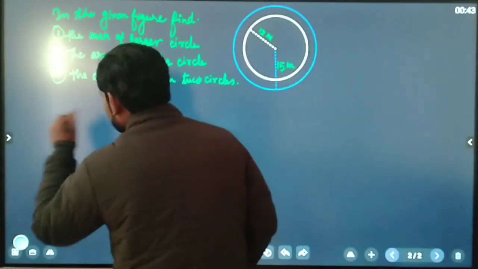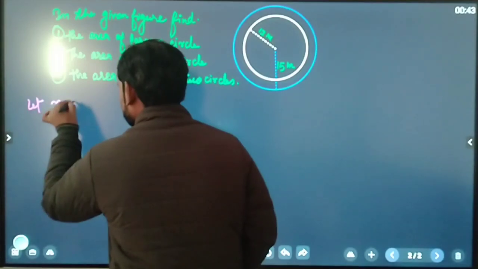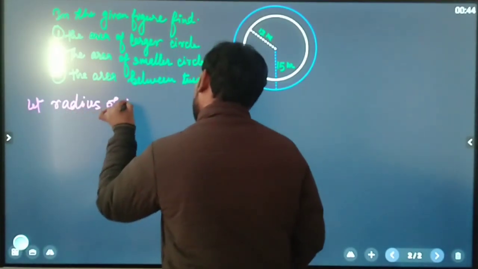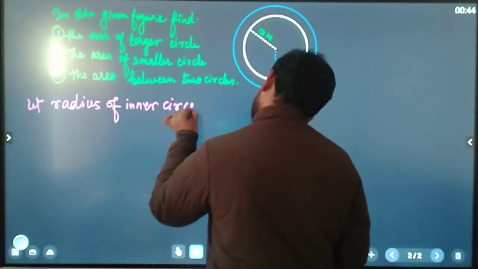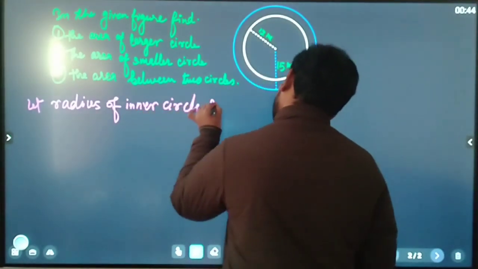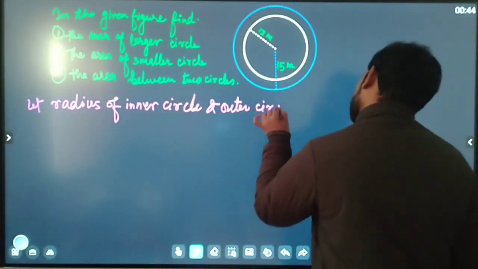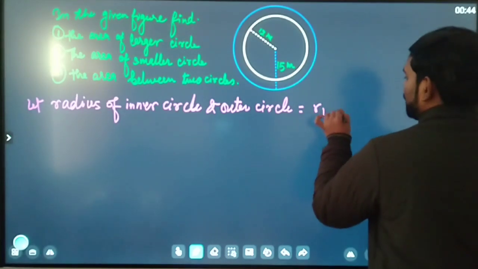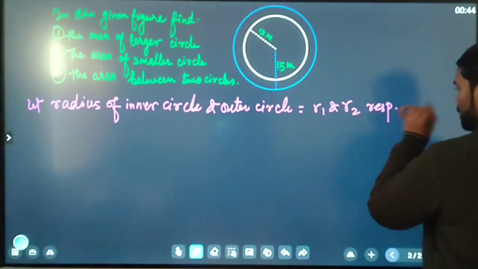First, here we write, let the radius of the inner circle and the outer circle be R1 and R2 respectively.